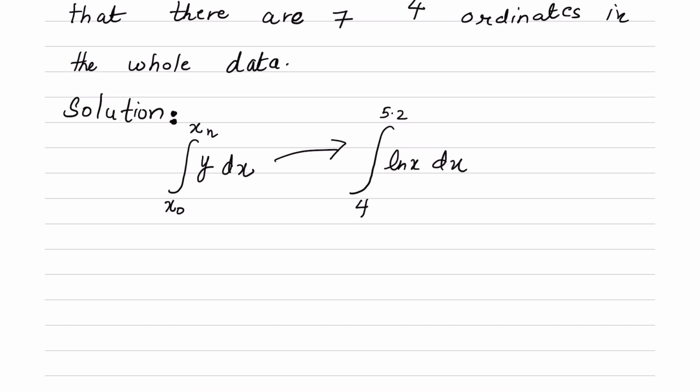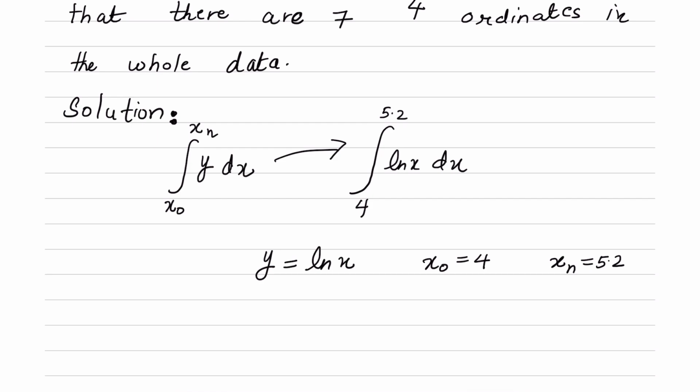So we can see that y in our case is ln x, x naught is 4, the starting x value, and xn is 5.2, the last x value. We don't know what n is as of yet, but the last x value is 5.2, which we are denoting by xn. So this is the information that we have extracted from this integral that we yet have to solve using numerical integration.